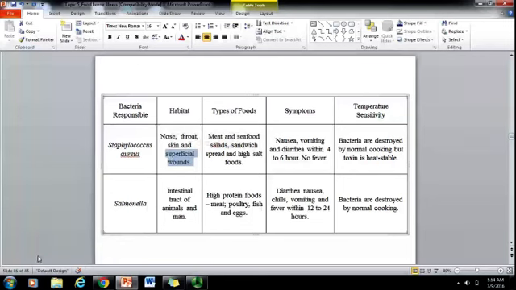Similar to Salmonella, we can find this pathogen in the GI tract or intestinal tract of animals. Therefore, when you slaughter the animal, it is crucial to ensure that the guts or intestine of the animal do not come into contact with the meat.